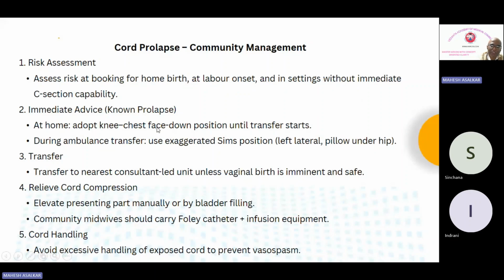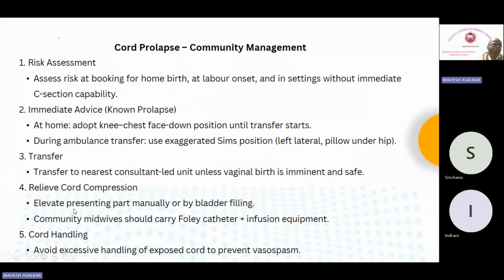Okay, so they may ask you that the midwife has attended the call and is asking for further advice. You see what information is given, accordingly you select the option. Then during the transfer will be exaggerated Sims position, left lateral, pillow under the hip. Then transfer to the nearest consultant led unit unless vaginal birth is imminent and safe.